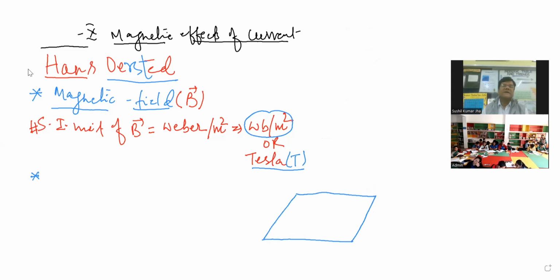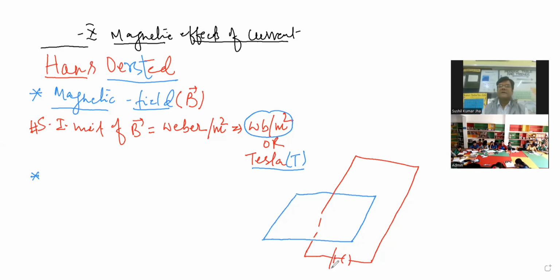This is actually not a square. This is a cardboard, and through the cardboard we are passing a conducting wire. The conducting wire is connected with a battery and a key.